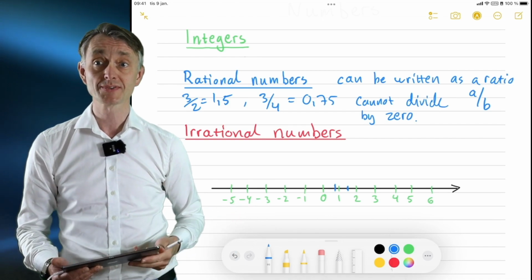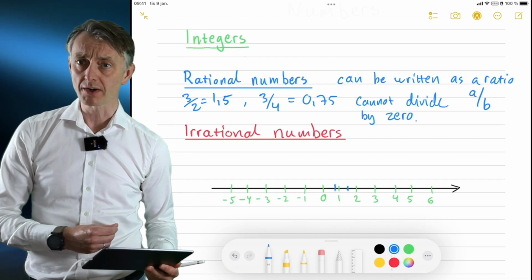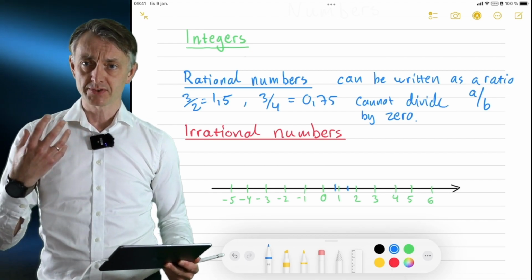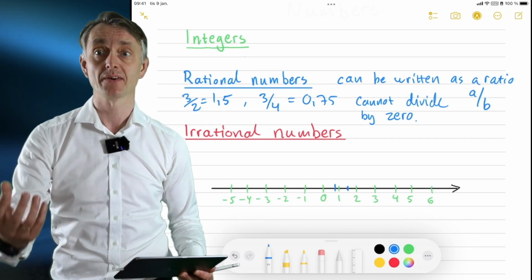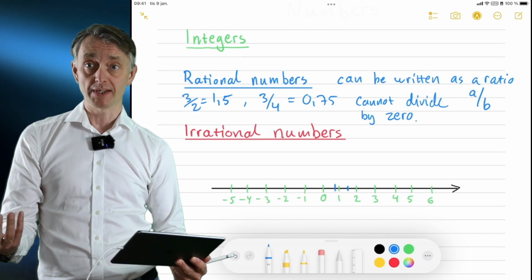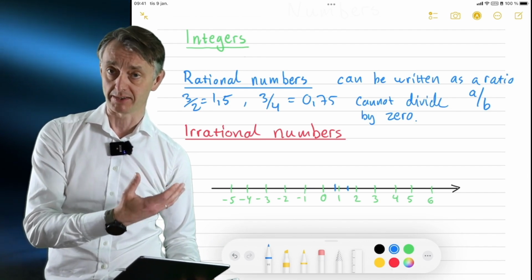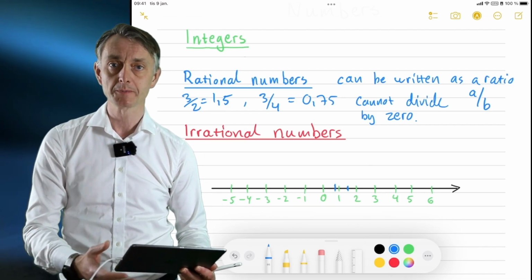For example, if you want to calculate the average petrol consumption of your car, and you have consumed 2 liters and the car has driven 0 miles, so liters per miles, you have no idea, right? Because you haven't driven any miles. So that sort of illustrates why you can't divide by 0.